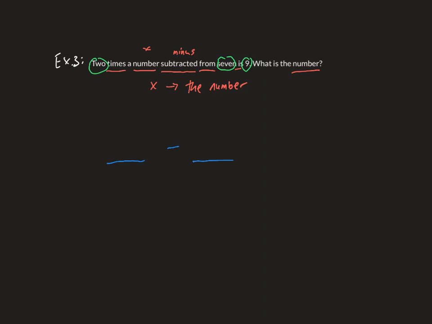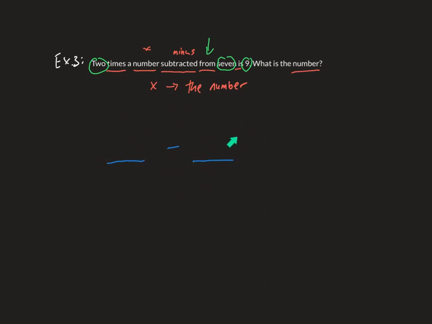Now, here's the tricky thing. When I see this from word, so I'm telling you 2 times a number is subtracted from 7. So obviously these 2 should have 7 and 2x, or 2x and 7.